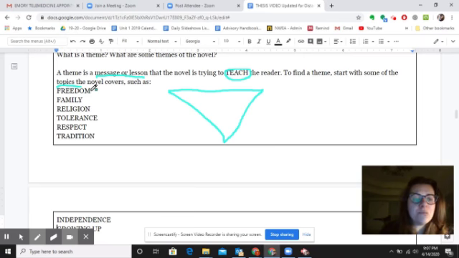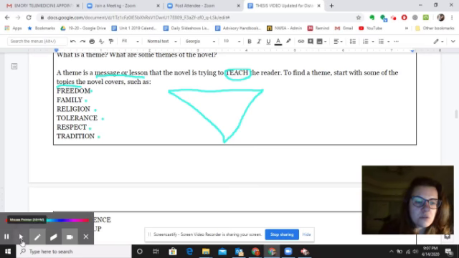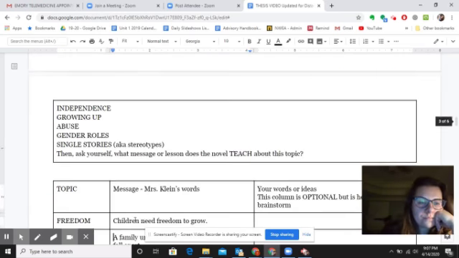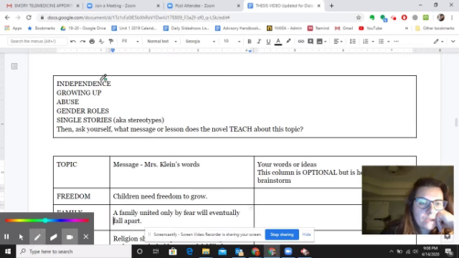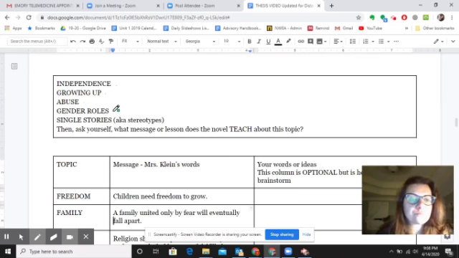Some of the big things in this book: freedom, family, religion, tolerance, respect, tradition, independence, growing up. Oh, why'd that get so small? Abuse, gender roles, single stories, aka stereotypes.